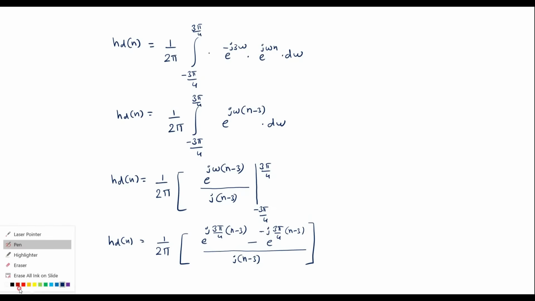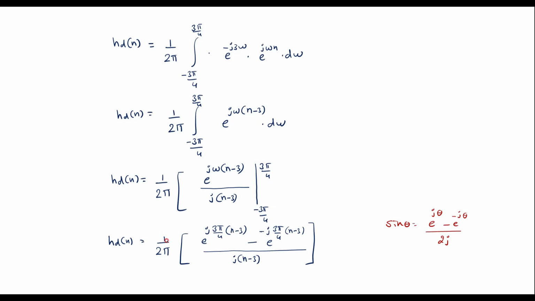But we know that sin θ can be represented as (e^{jθ} - e^{-jθ}) divided by 2j. So now I will try to represent this in this form. I can write it as h_d(n) = 1/π(n-3).